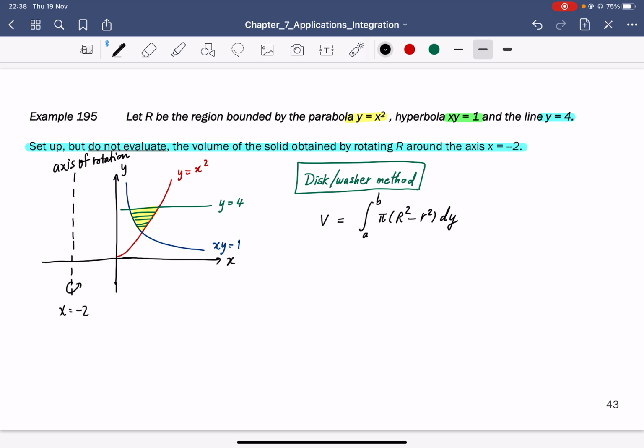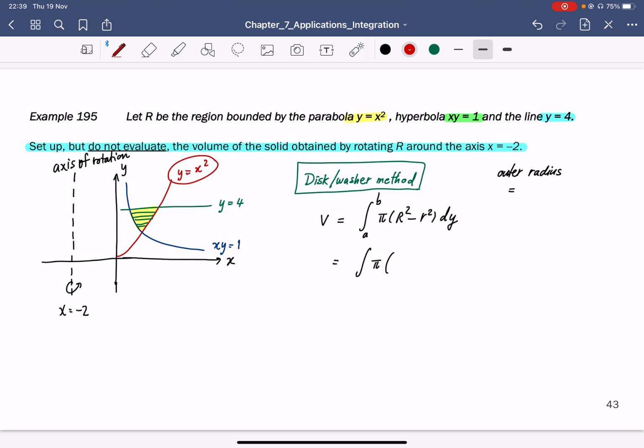And then now you have to figure out the outer radius and the inner radius. So the outer radius big R is going to be from the axis of rotation to the red one, right? This is going to be your big R. So first of all, your answer must be in terms of y because you integrate with respect to y.